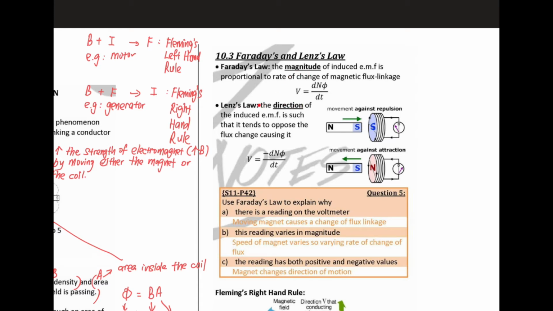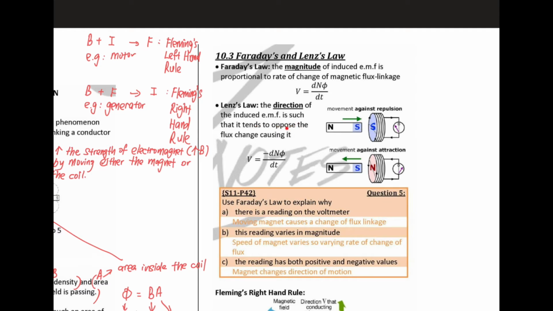So Lenz's law says the direction of the induced EMF is such that it tends to oppose the flux change causing it. That means how many lines are being cut, that is the flux change. The main word here is oppose. It tends to oppose.